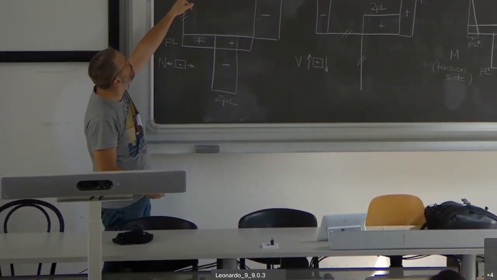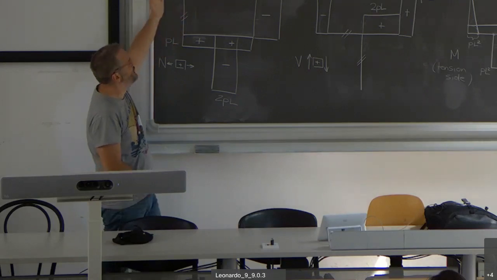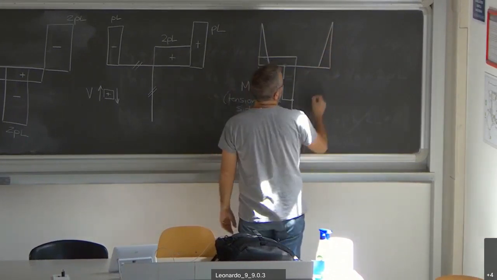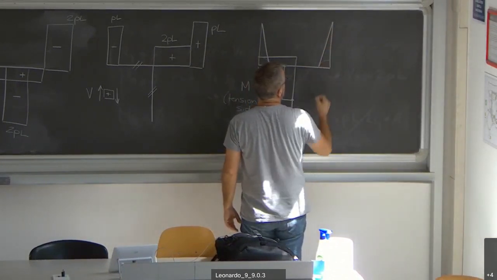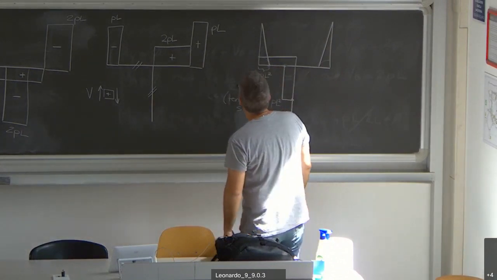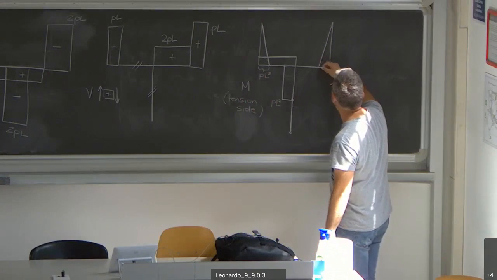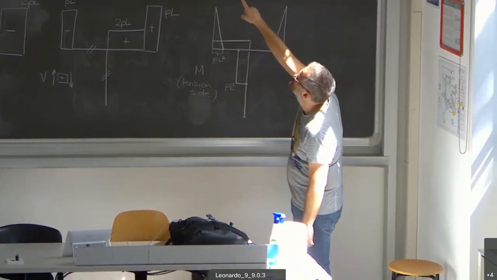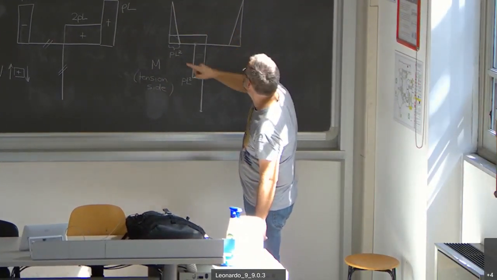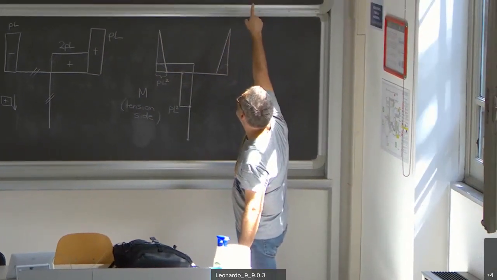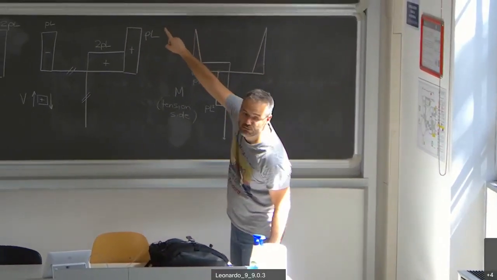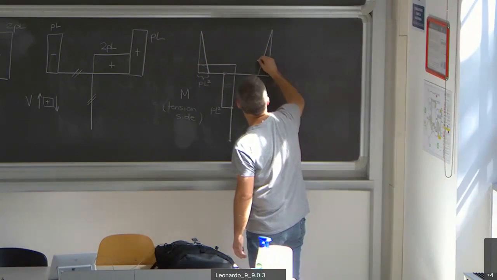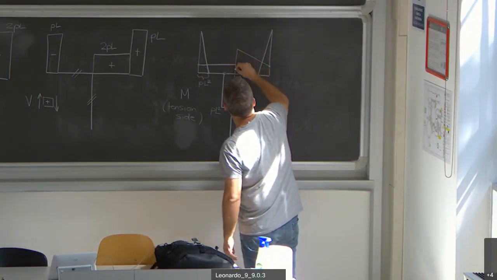At the bottom of the vertical part, it's PL squared, tension to the left. So we start at this point with the same value. But at the end of this horizontal portion, it's minus 2PL squared, which I assume is tension at the bottom; in reality it's tension at the top, which means from PL squared to 2PL squared.